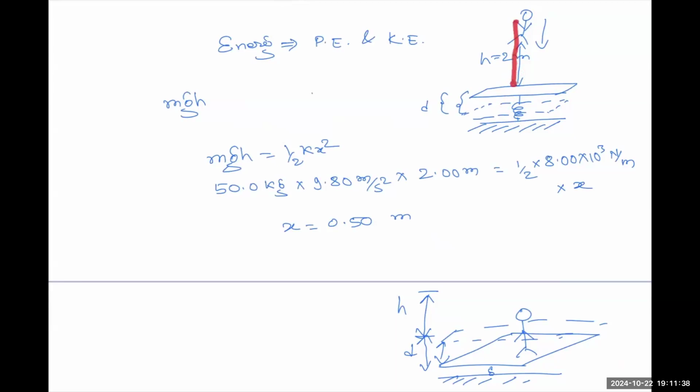So when this person hits this springboard and the springboard gets compressed by this distance d, this distance d is added to this height, right? No one is following me?